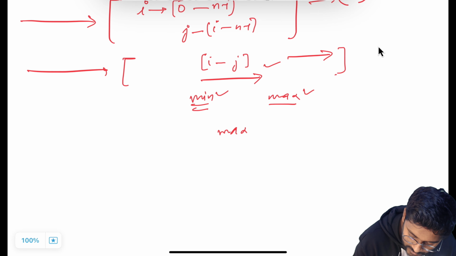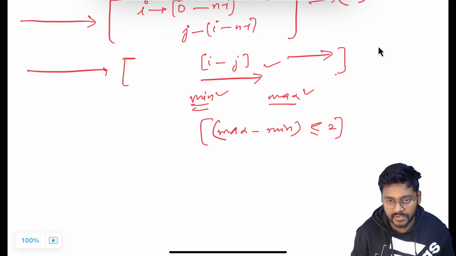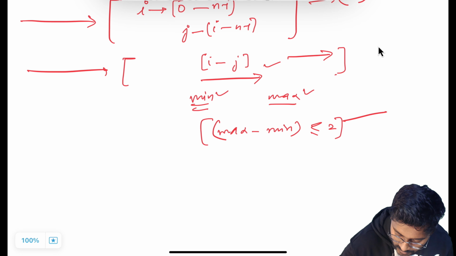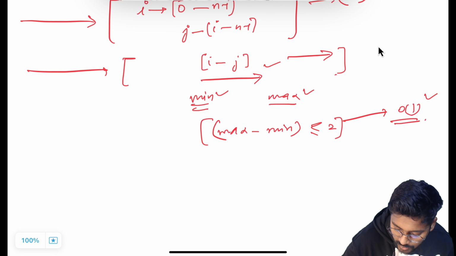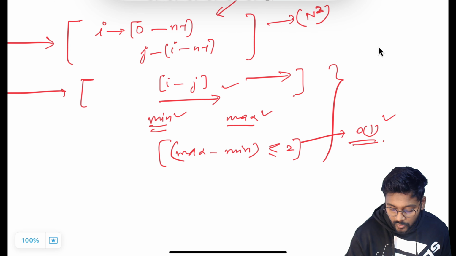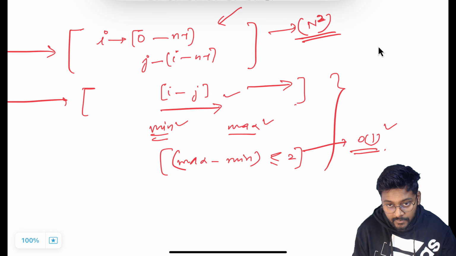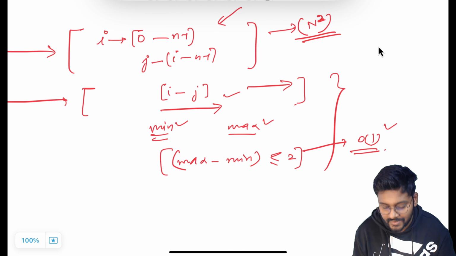If maximum value minus minimum value is less than or equal to 2, then this subarray from i to j is valid, otherwise discard this subarray. This processing I can do in order of one time, and the iterations are going to take order of n square time. So I will be able to achieve this solution in order of n square time.